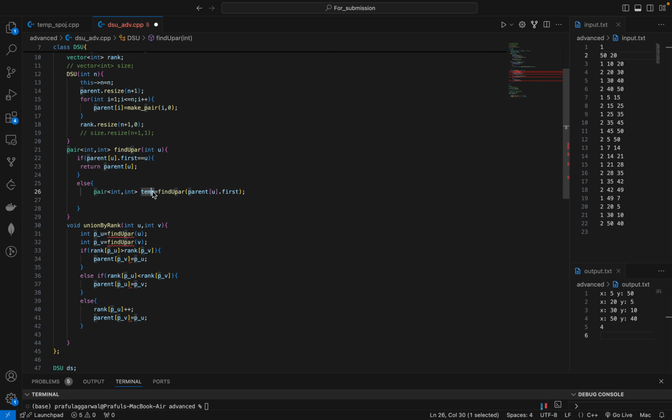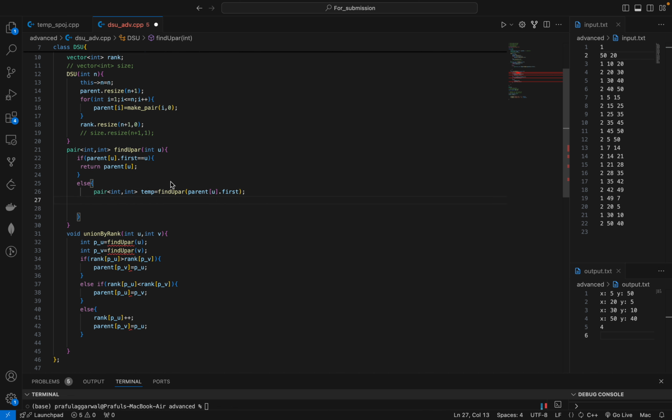So what will temp have? The temp will have the parent of this node, which is current parent, and it will have the weight between the ultimate parent and this node. So now if we want weight between our child node and the ultimate parent, we will just add the current weight into it.